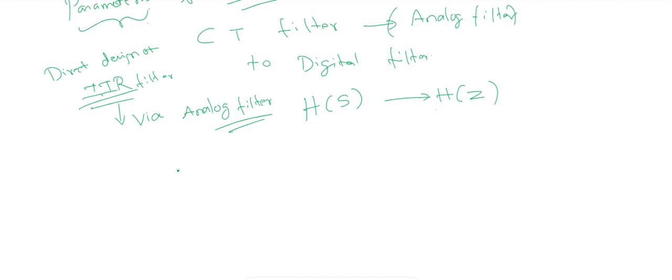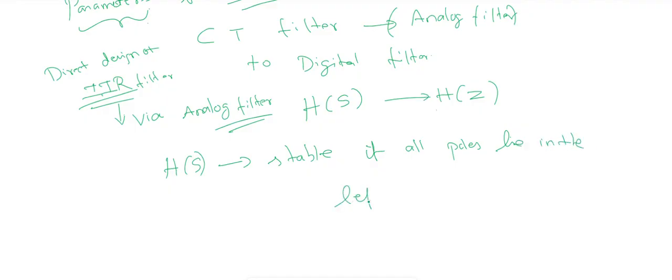With respect to poles, we know that the analog transfer function H of S, using the Laplace transformation, is stable if all poles lie in the left half of the S plane.